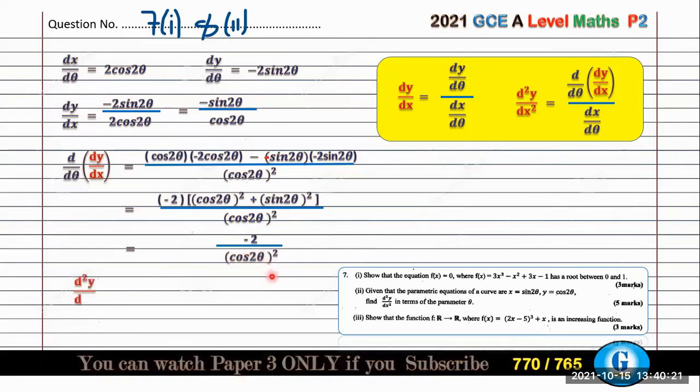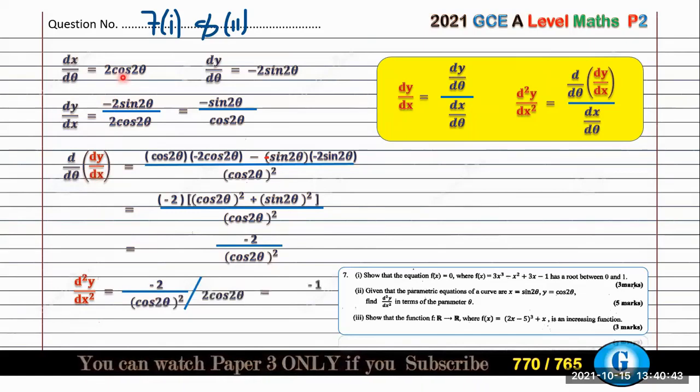So what will be our d squared y on dx squared now? It will just be equal to this value divided by dx on d theta, where dx on d theta is 2 cos 2 theta. So this will be equal to minus 2 on cos squared 2 theta, divided by 2 cos 2 theta.